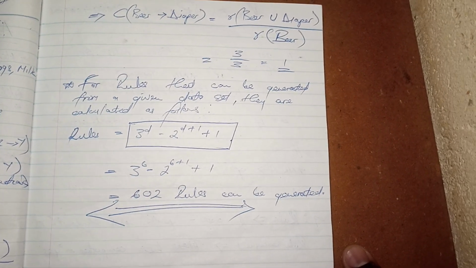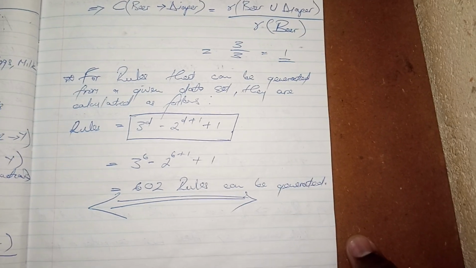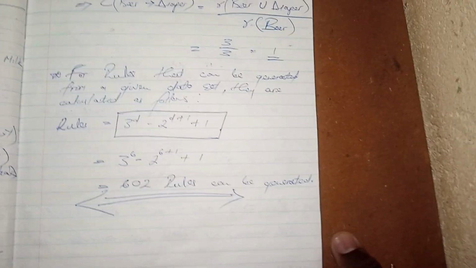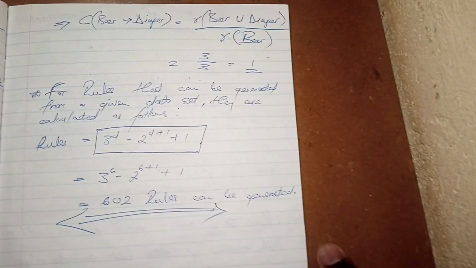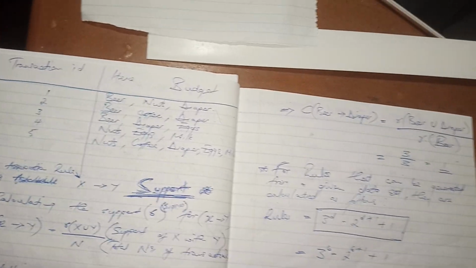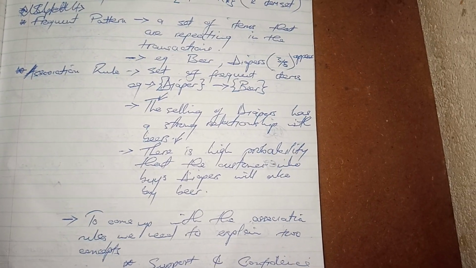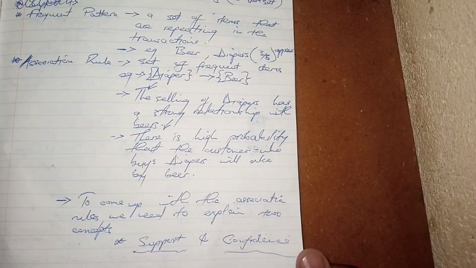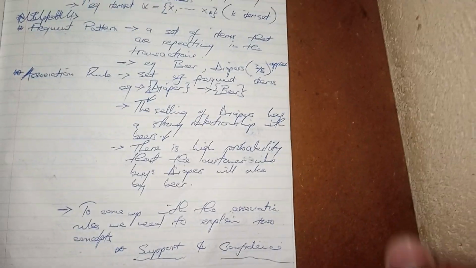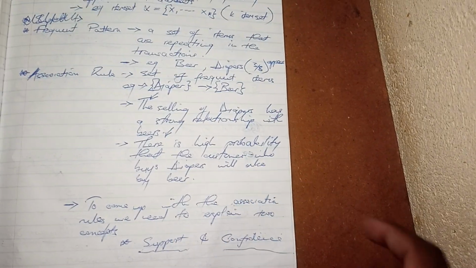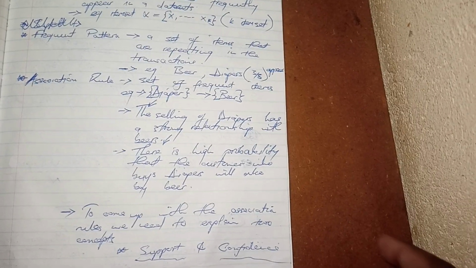Let's move on to the rules. A number of rules can be generated from a given data set, and the association rules are the important part of association analysis. They are the ones we use to determine the behavior of our customers when they are buying our products.